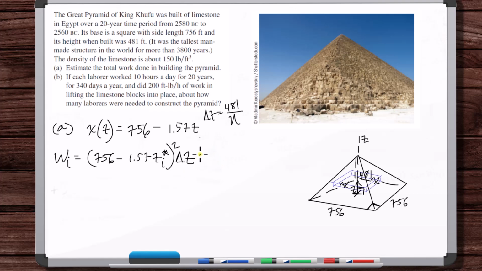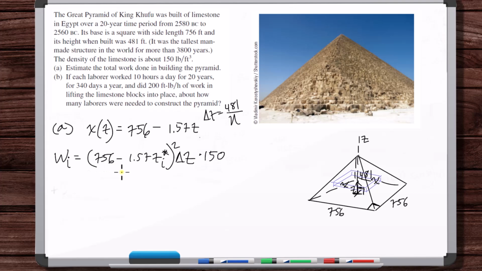That's the volume of the square prism. Now, what's the weight then? Times 150. But that's the weight of the limestone in that square prism.